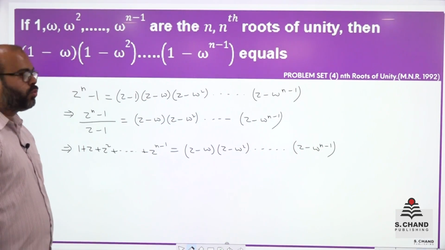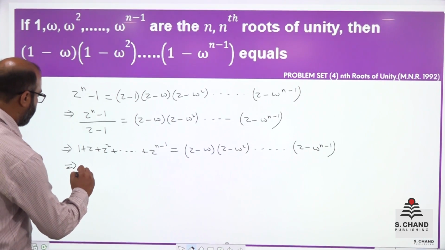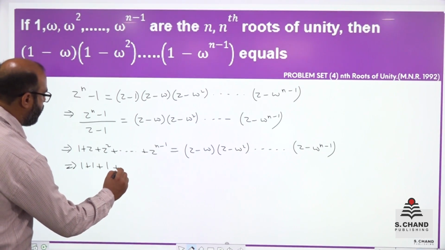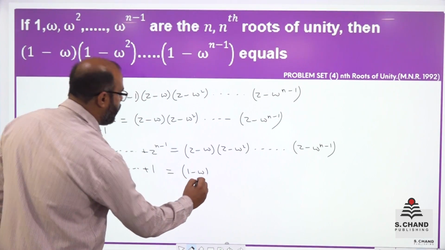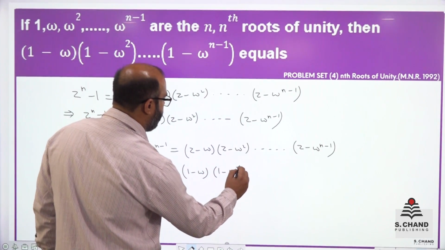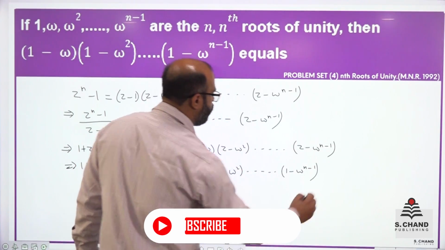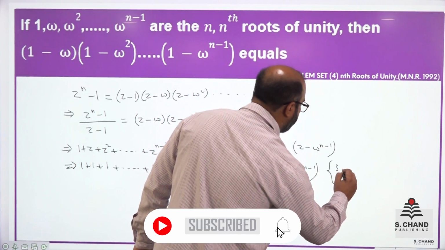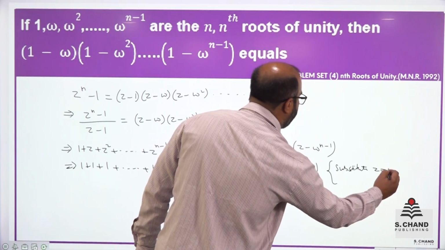Now what you need to do? You need to put z as 1. So this will become 1 plus 1 plus 1, because any power of 1 is 1, is 1 minus omega, 1 minus omega square into 1 minus omega to the power n minus 1. You can mention that substitute z as 1 because it is an identity.